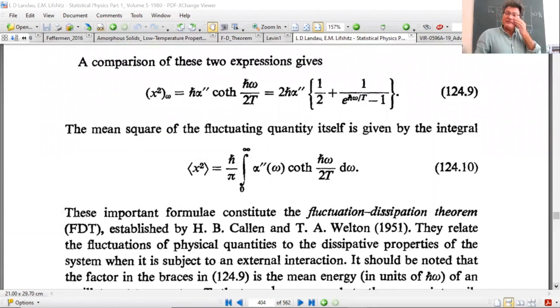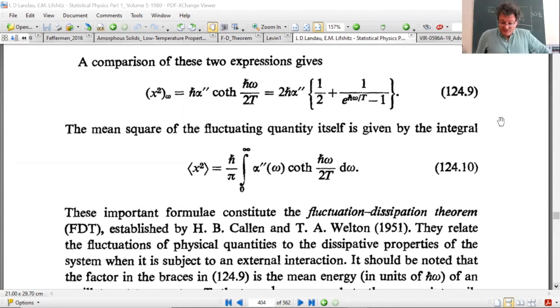After Callen and Welton wrote their original article, which is quite difficult if you read it, there were many translators, let's call them, of this theorem.